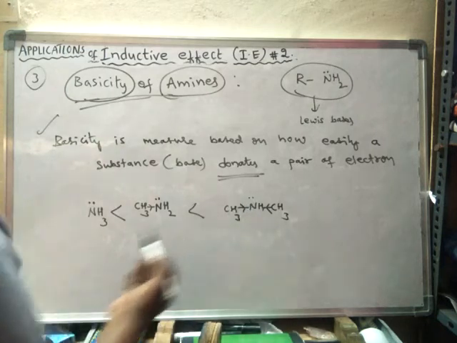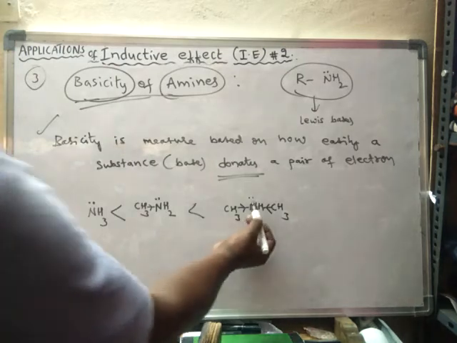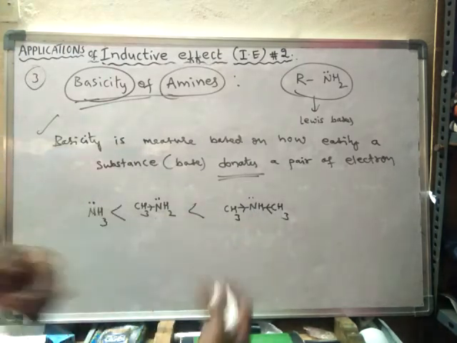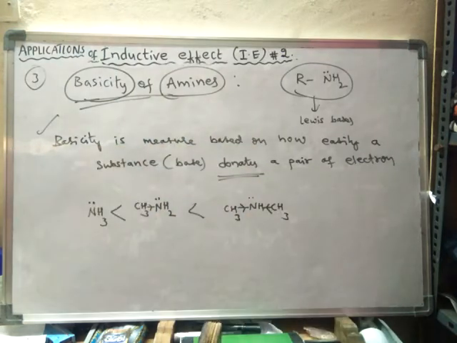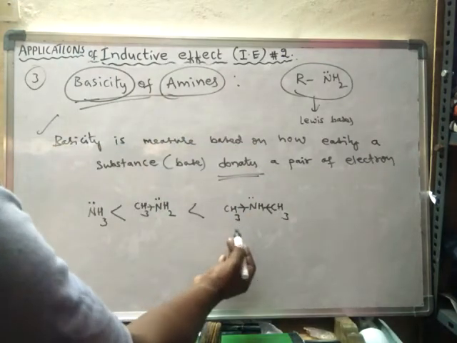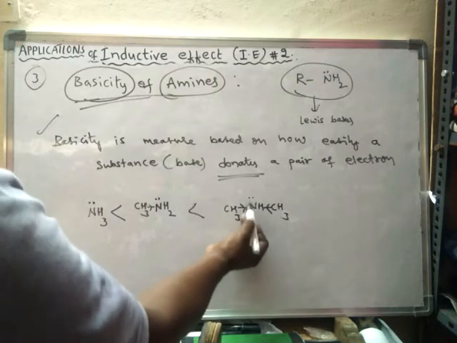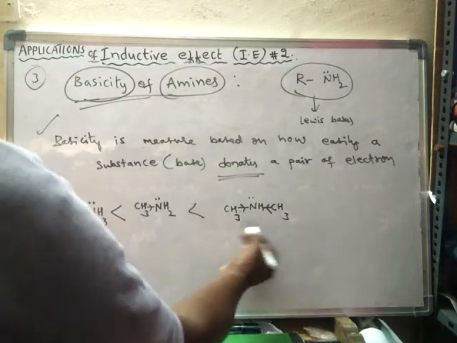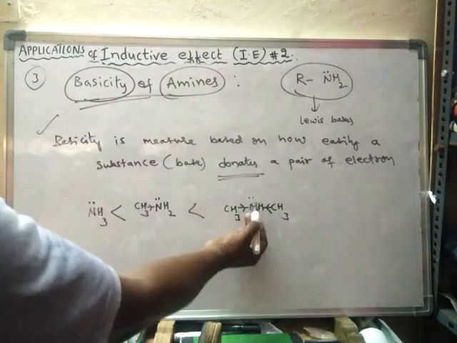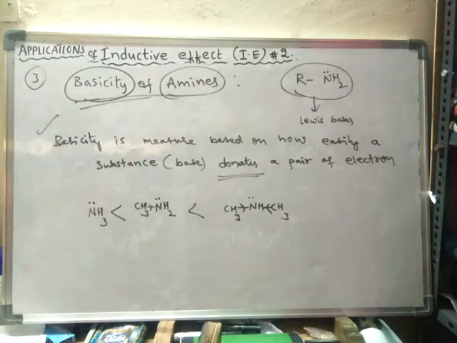The electron density of nitrogen will increase further, so this nitrogen is ready to lose its electron to another atom. So if the number of plus IE groups attached to this nitrogen increases, that nitrogen will become more basic in nature.